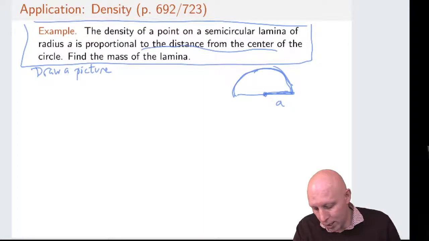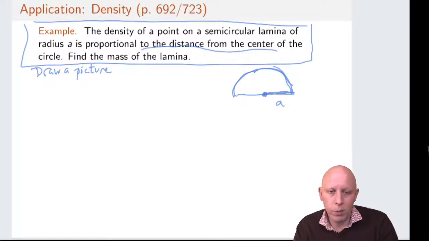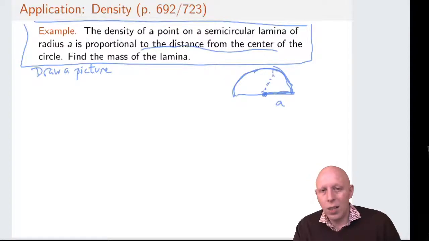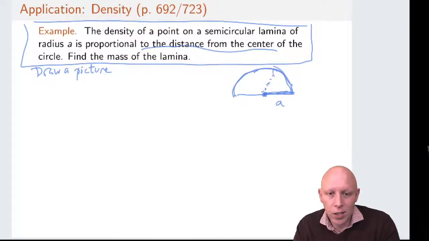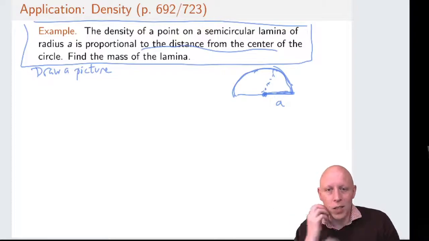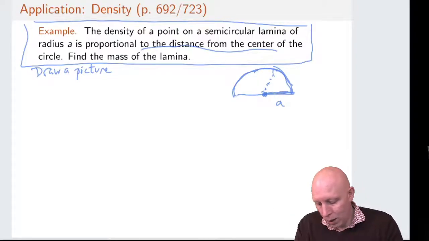So if you're at a distance 0 from the center, it's basically not dense at all. But as you get further and further from the center, the density gets denser and denser. It gets heavier and heavier as you move out. You can think it's really thin in the middle, and it's getting thicker and thicker as you go out.